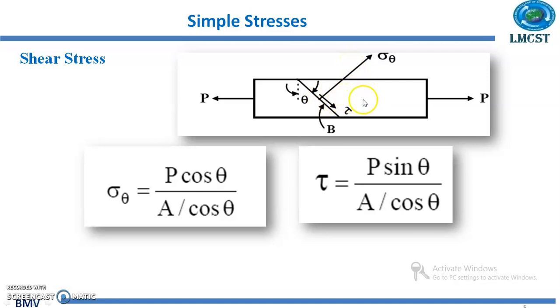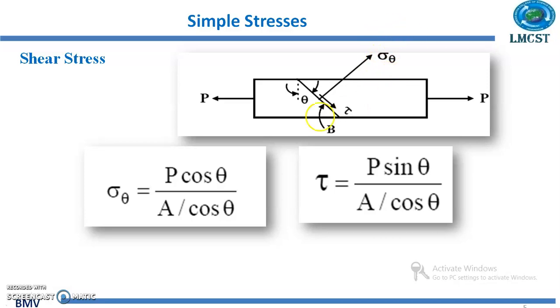One component is perpendicular to this surface, and that is represented here as sigma theta, and one component is along the surface, and that is represented as tau. That means the shear stress, the stress acting along the surface, is always represented as tau.